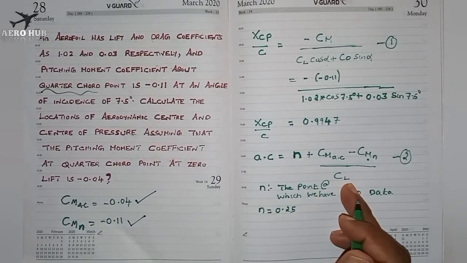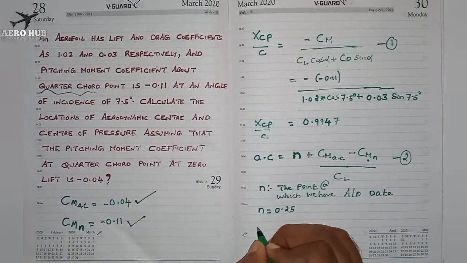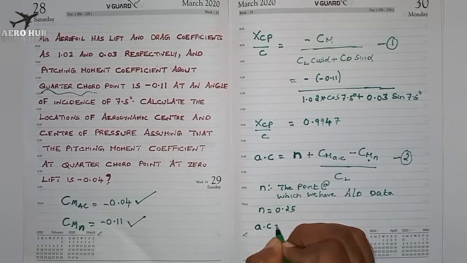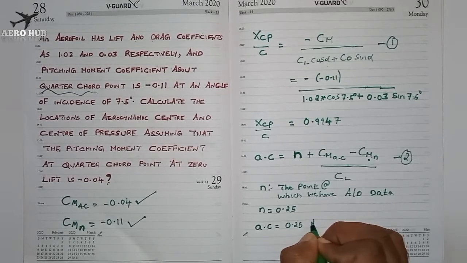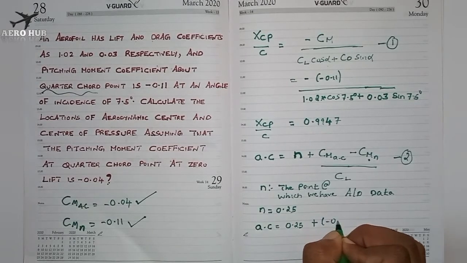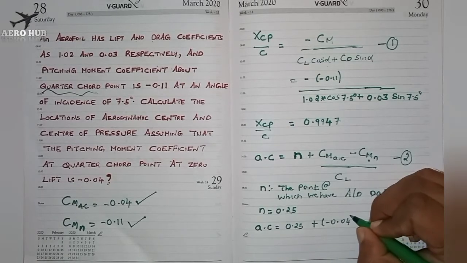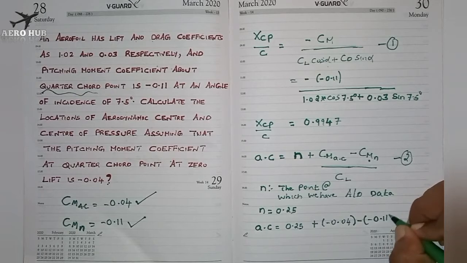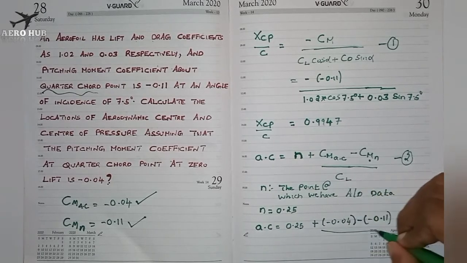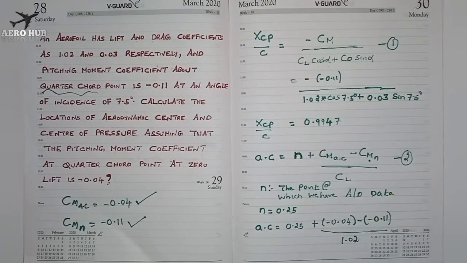Then we have CL as 1.02. Okay, you substitute the value, that is AC is equal to 0.25 plus minus 0.04 minus minus 0.11 divided by CL, which is 1.02.